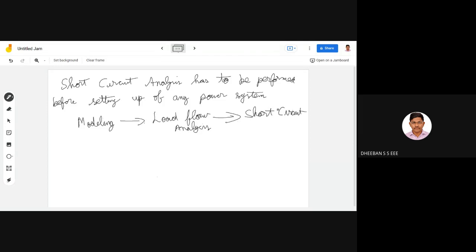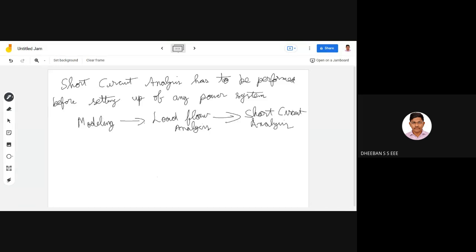Since, as I said, more than 75% of your power system network will be exposed to short circuit faults, for that reason you have to perform a short circuit analysis. So this is how the methodology involves in modeling, in erecting a new power system network.